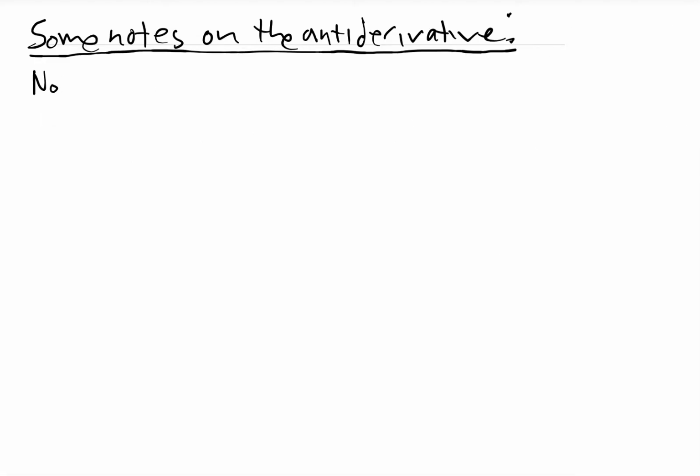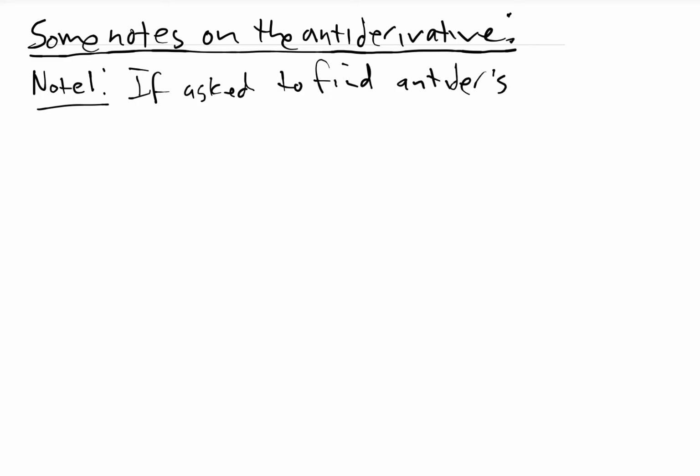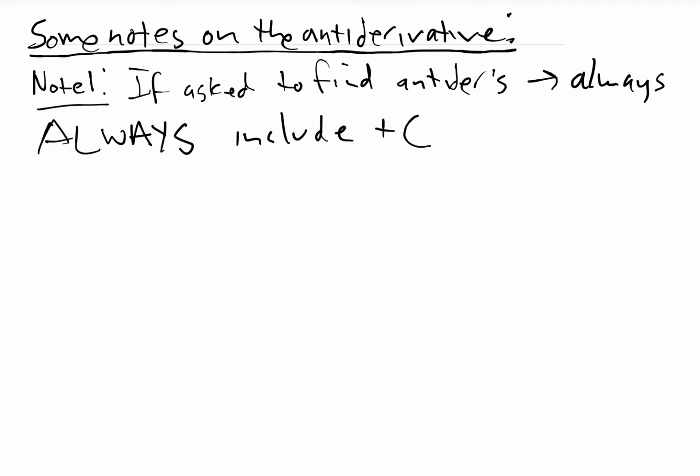Note number one that I will make for you guys. I was really harping on the fact that we had that plus c on the end. If you are asked to find one of these antiderivatives, always, and I'm going to write this in big capital letters, include your plus c on the end.